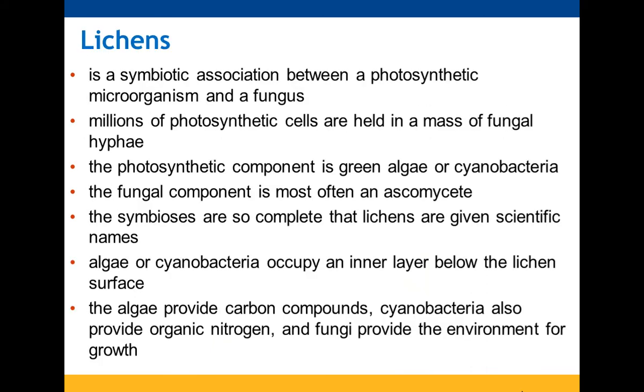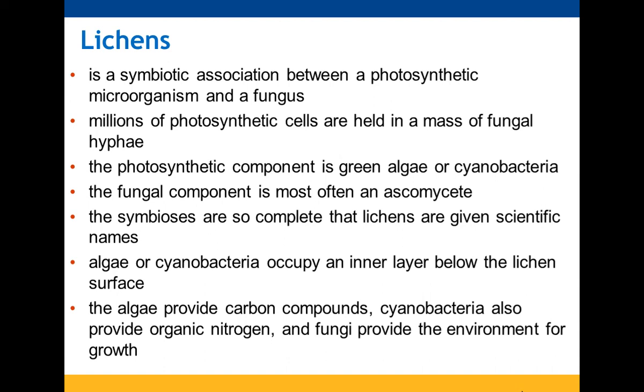So lichens actually develop from a symbiotic relationship between a microorganism that's photosynthetic and a fungus. You basically have all these photosynthetic cells that are held together within the fungal hyphae. The photosynthetic partner is usually from some sort of protist-like structure, green algae or cyanobacteria. The fungal partner is an ascomycete. The symbiosis, how they work together, is so interchangeable that they're actually given specific scientific names.